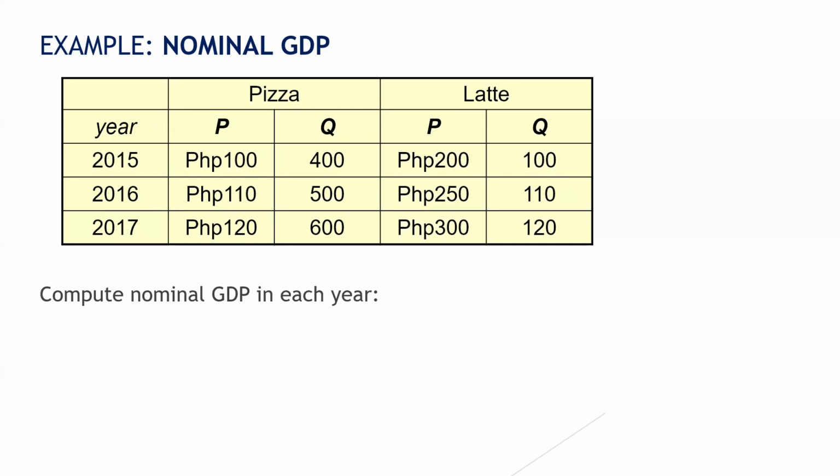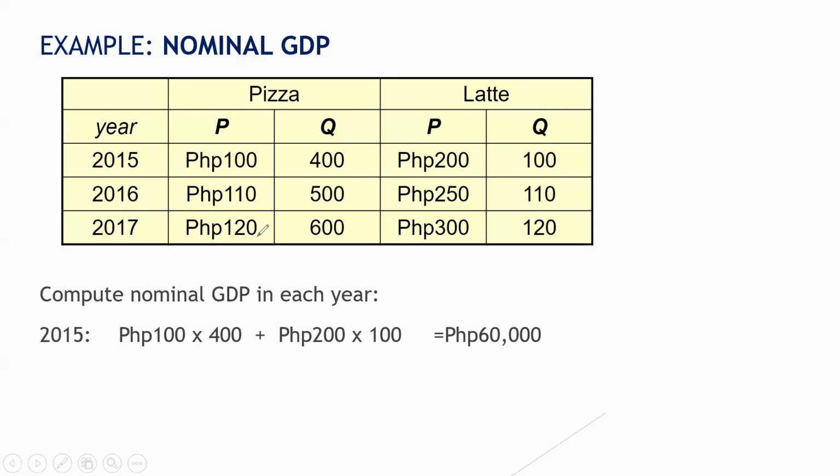The formula for the nominal GDP, or the NGDP, is simply the summation of the current prices multiplied by the quantity of products that are produced currently. Because again, GDP considers goods that are currently produced.